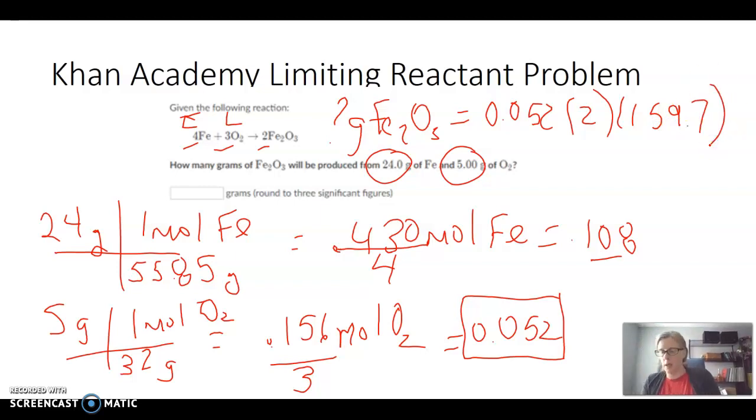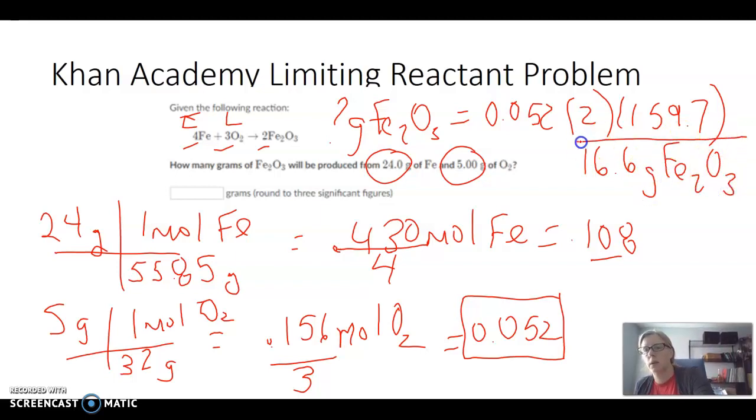So finally, I do that math, 0.052 times 2 times 159.7, and I get 16.6 grams of iron oxide as my answer.